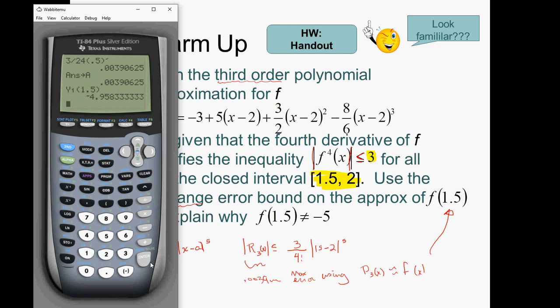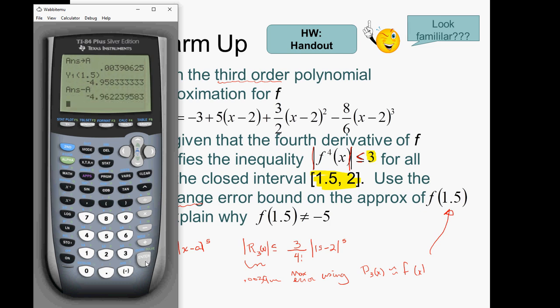Well, remember, this number, 0.00390625, is the worst possible error on -4.9-something. And remember, it's absolute value, right? So I could either add or subtract this number. Of course, if I take -4.95 and add to it, but remember, I'm trying to show that the function will never be -5. So what if I take the answer that I just had, -4.95 blah blah blah, minus my maximum error using that third order?